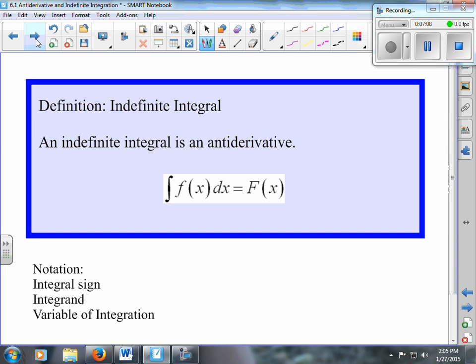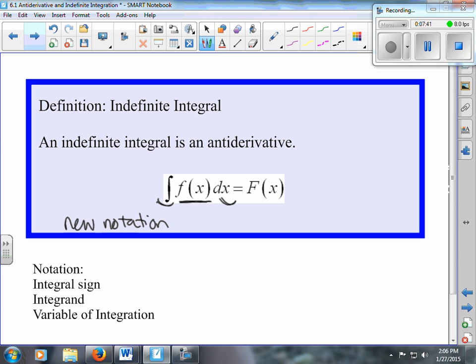Now, just to make life a little bit confusing, we have 2 ways of writing antiderivatives. Well, I guess several ways, but the newest way and probably the most recognizable way is with what is called an indefinite integral or an integral sign. This is just new notation. What it tells you to do is you have an integral of f of x, and then you have this dx back here.